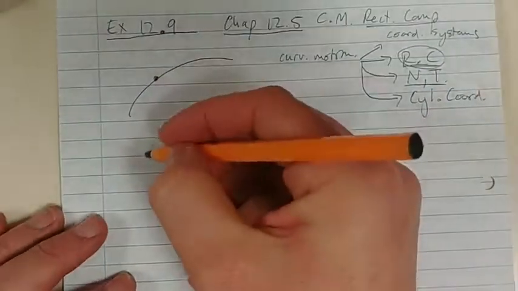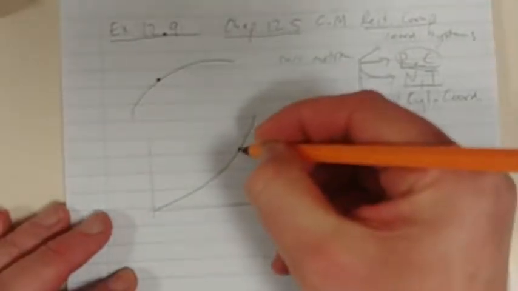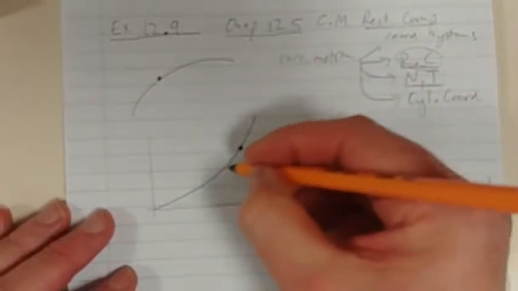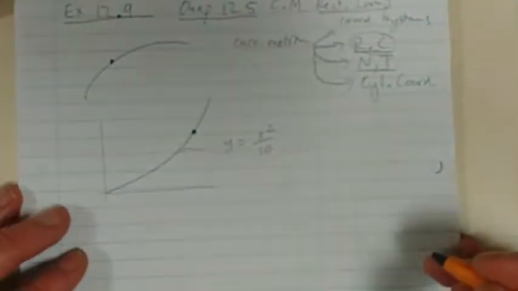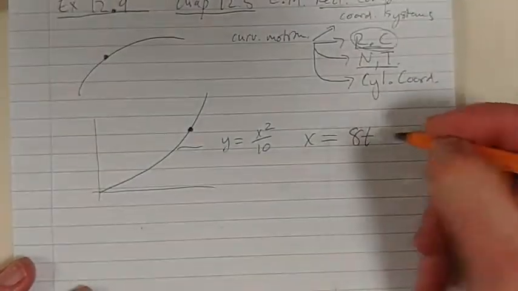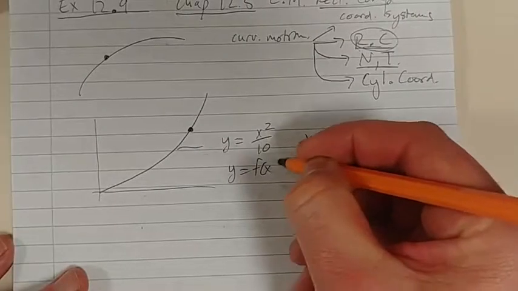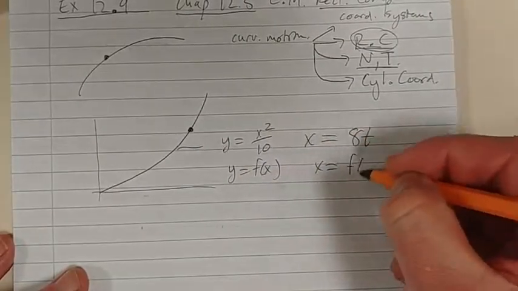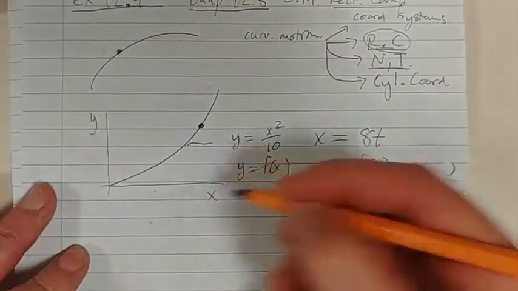So there's our curve, looks like that. And this curve is given by y equals x squared over 10, and x is given as 8t. So I've got y as a function of x, and I've got x as a function of time. So this is y, and that is x.